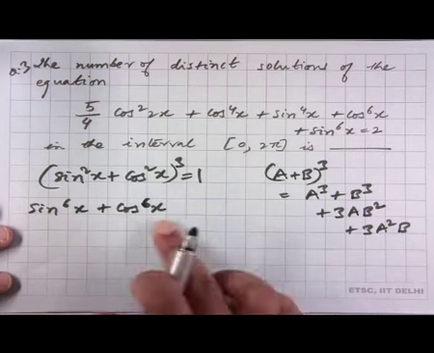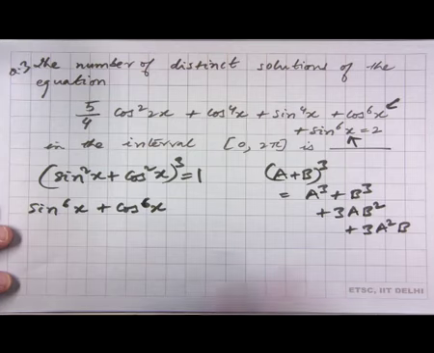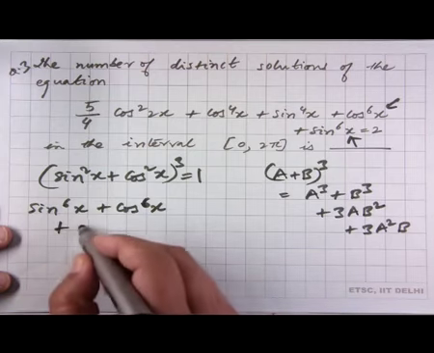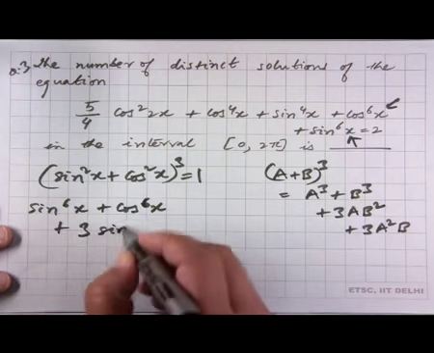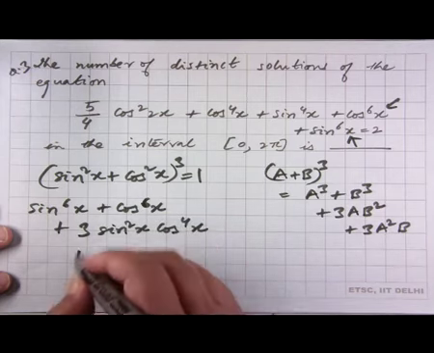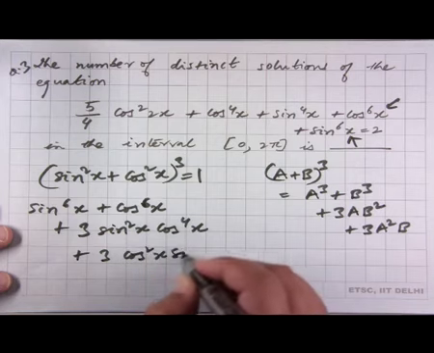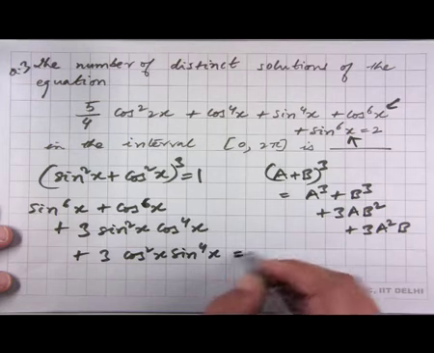So, these two are the terms which are actually present here, and then we get the remaining terms. So, we get plus 3 times sine square x into cos 4x plus 3 times cos square x into sine 4x, and this is equal to 1.